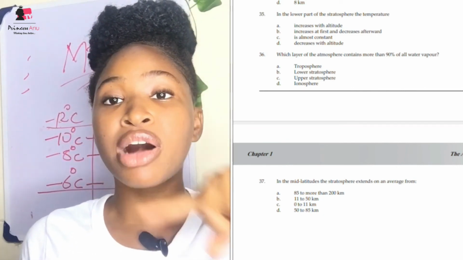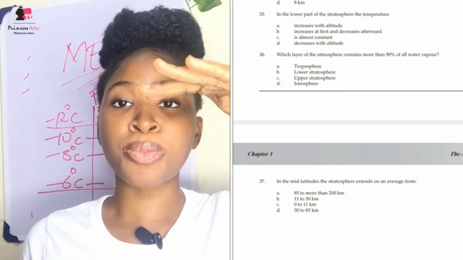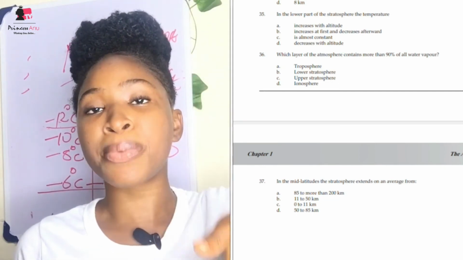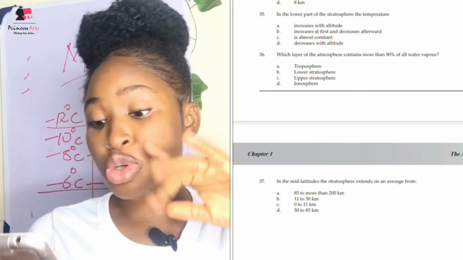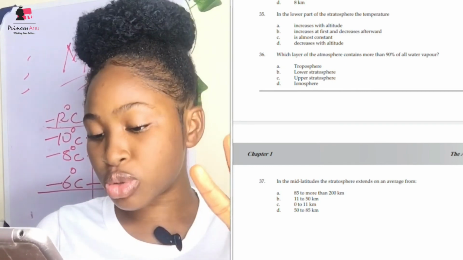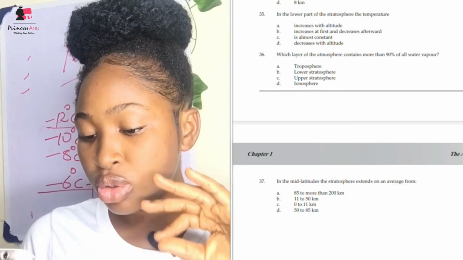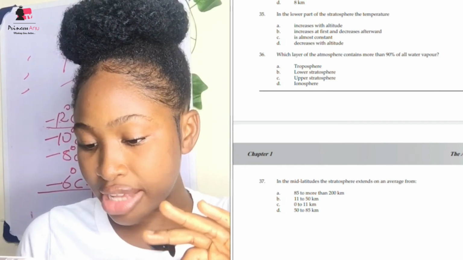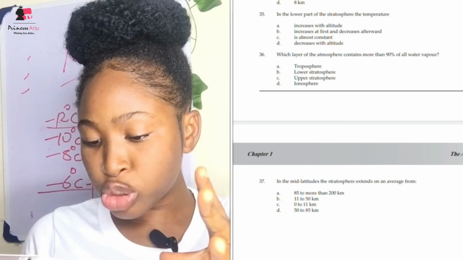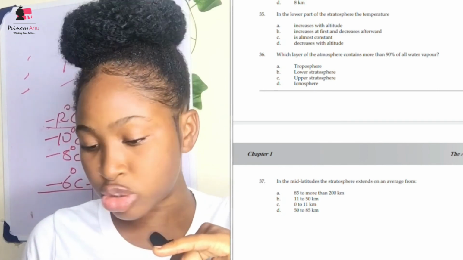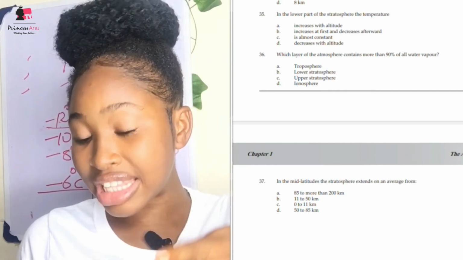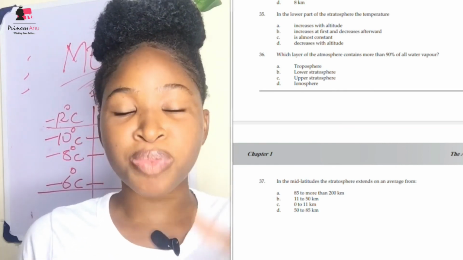Yesterday when we were talking about where the troposphere stops and what happens from a particular level to a particular level, we mentioned it. So all you have to do is just look for 11 kilometers to 50 kilometers. Option A, 85 to more than 200. No, yeah, the answer is bravo for this particular question.